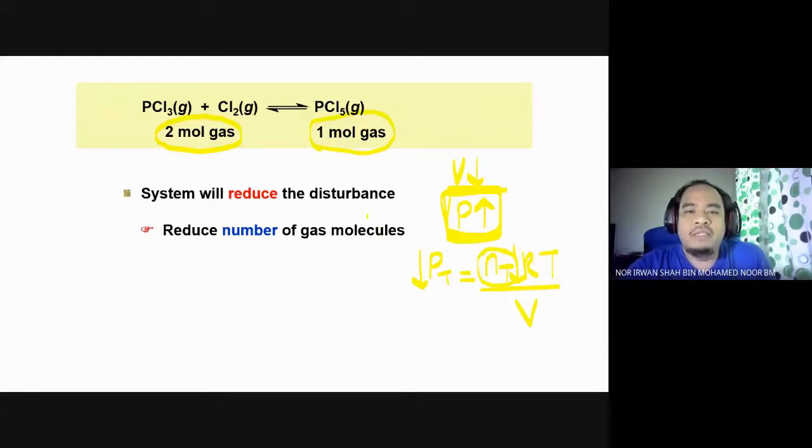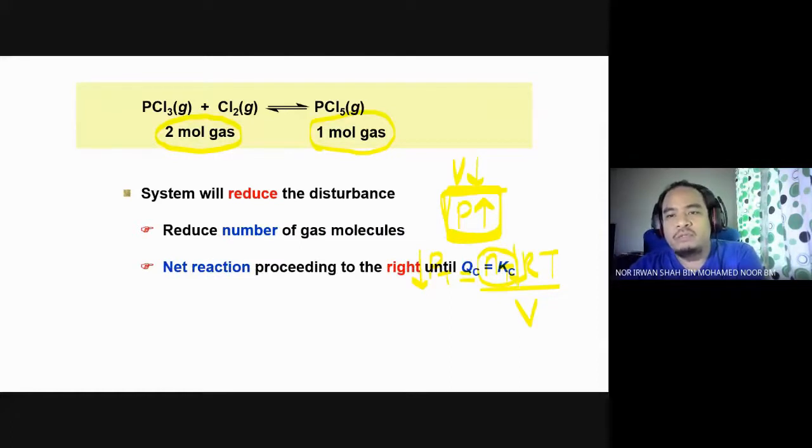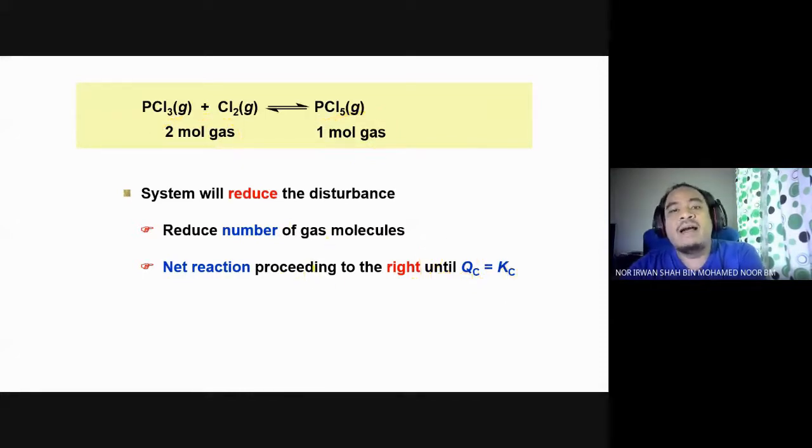If the system wants to reduce the number of gaseous molecules, which side should the system shift? Yes, correct. The system undergoes a net reaction by proceeding to the right until Qc equals Kc.